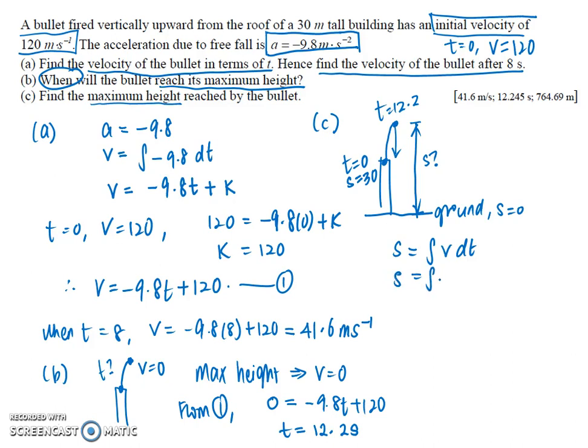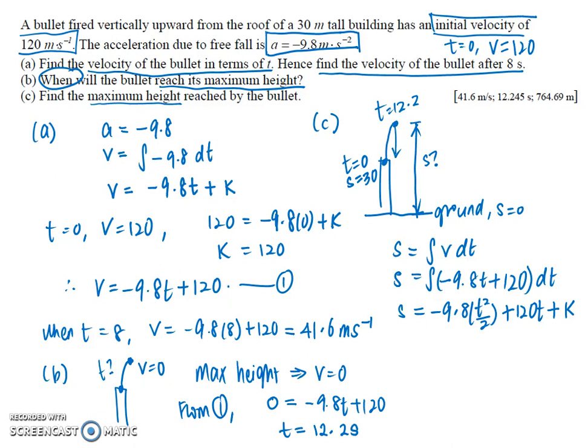So velocity is given by negative 9.8 t plus 120 with respect to time. We integrate this and we get 9.8 t to the power of 2 over the new power. Integrate a constant 120, we put back the variable t plus k.